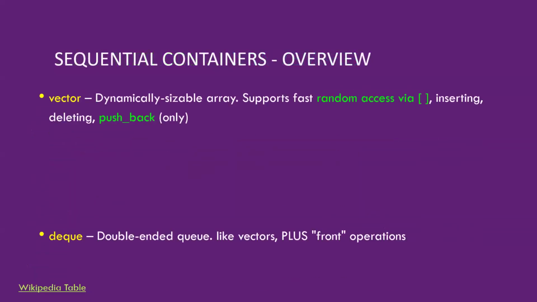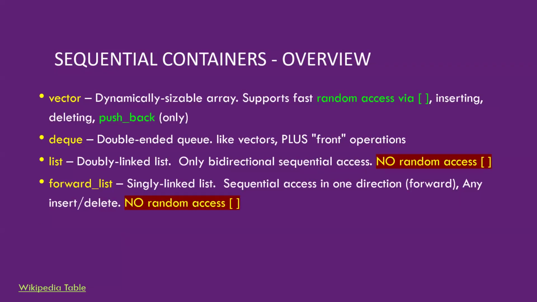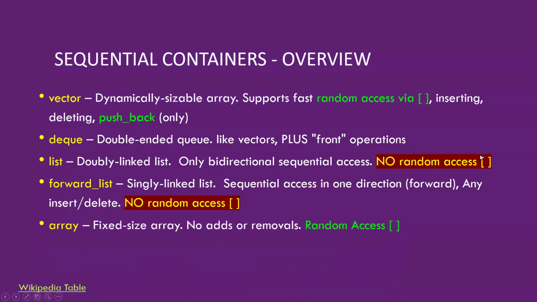Okay. Now, again, let's take a look at our sequential containers just briefly. So these are things that collect things, and we more or less control the order in which those things get collected. It's obviously the order in which we push them in, either the front or the back. And some things like our list and forward list are just linked lists, and so they don't have random access through our square brackets, okay?